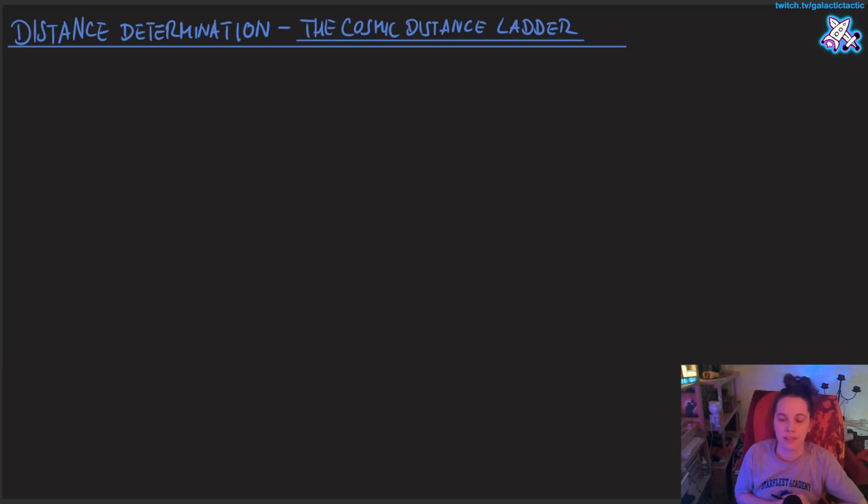Now the cosmic distance ladder. The first step is using this geometrical effect, but this is just the first step. What we need for the cosmic distance ladder is objects where we can determine the distance with confidence, okay?